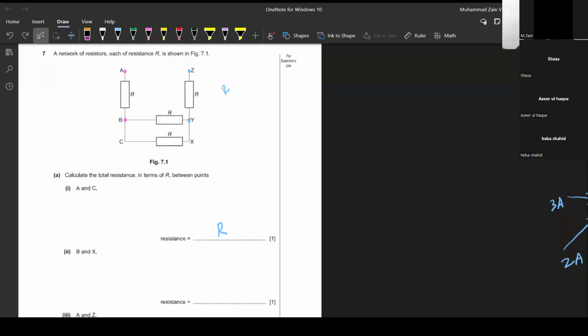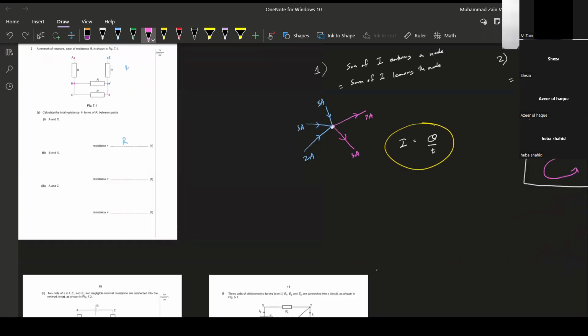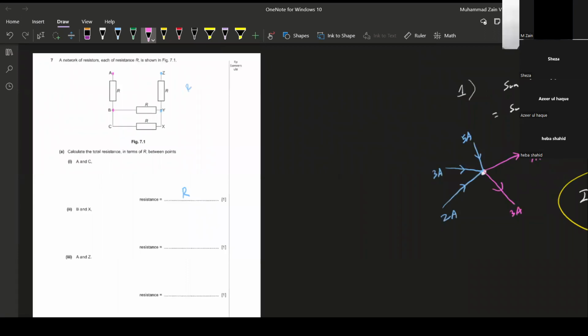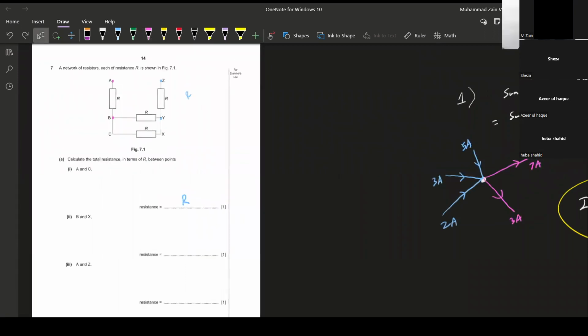I could have attached my resistor to point X or point Y, and it would have given me the same results. In fact, I could have attached it to any point on this pink line. If anyone has any questions about this, do ask them.